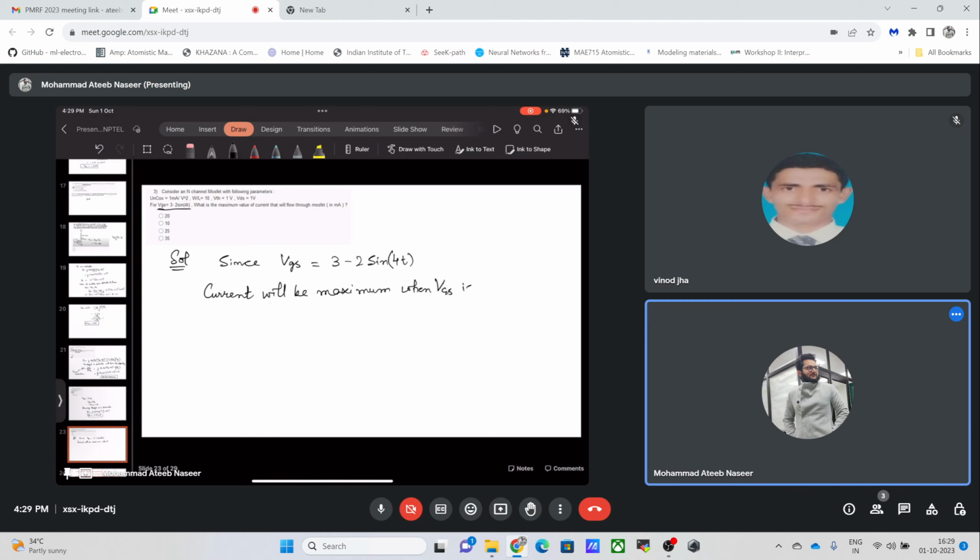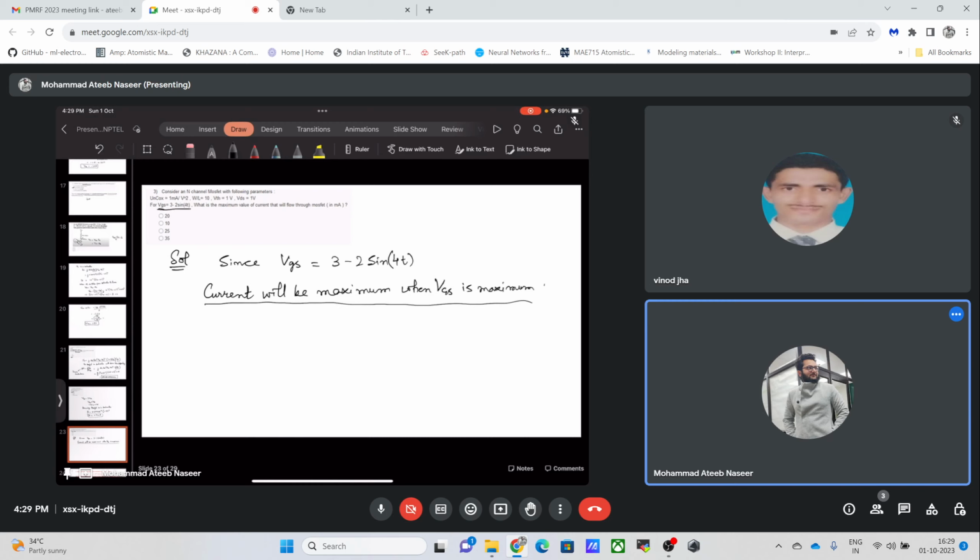VGS is maximum. You must have seen that this current has a dependency on VGS minus VT. So if this VGS minus VT is more, the current should be more. The logic behind this statement is simple: if the current is more, the VGS has to be more.